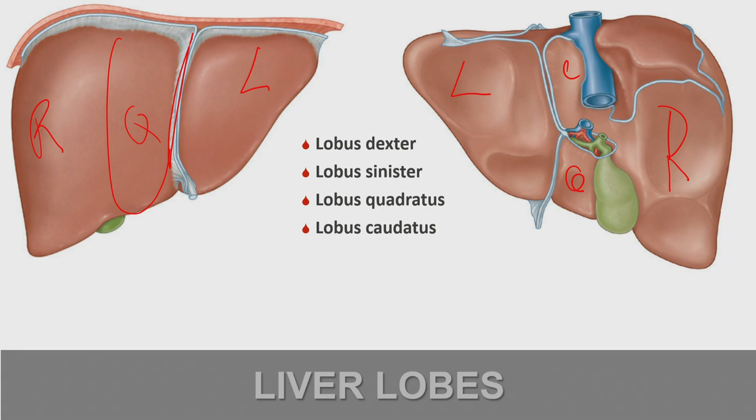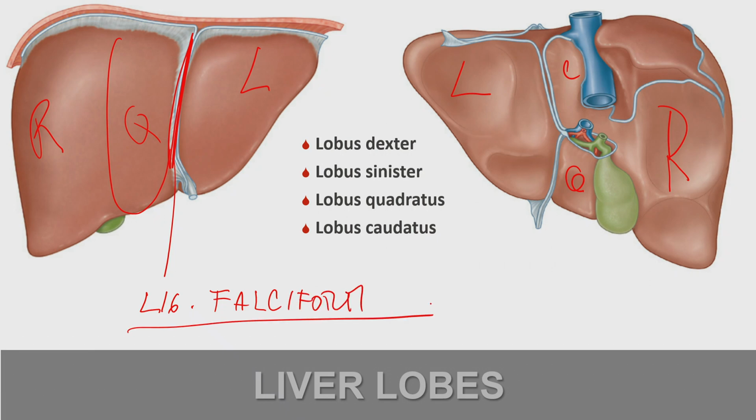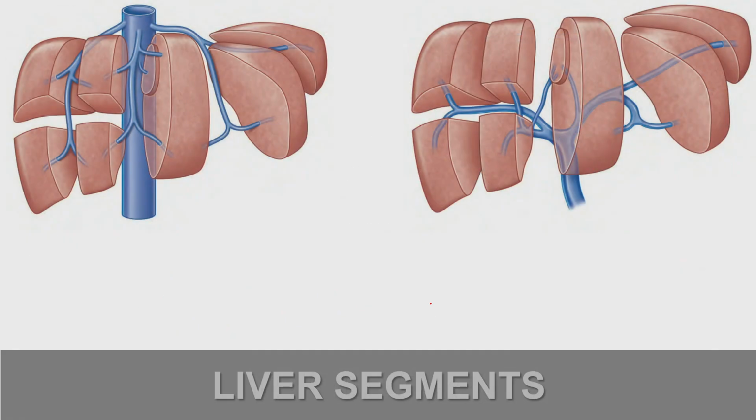When you look at the liver, the first marker to divide left and right is an interlobar fissure, which is made by the falciform ligament.